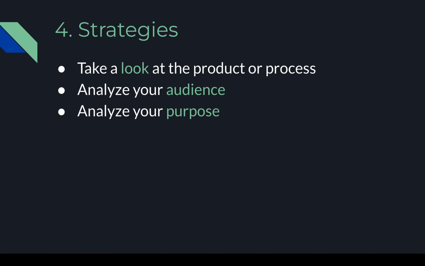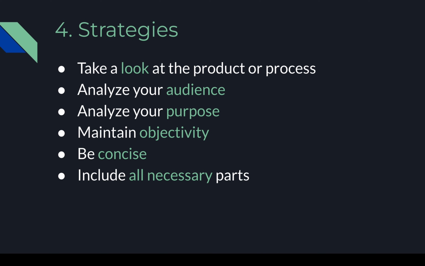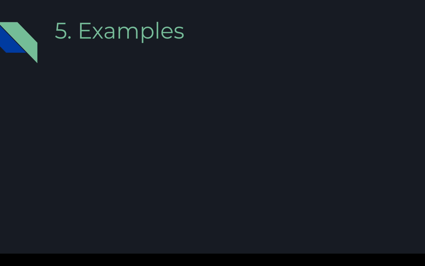You should also analyze your purpose or what you are trying to accomplish with your document. As already mentioned, it is important to maintain objectivity and be concise. You should also include all necessary parts and, as already discussed, incorporate visuals.